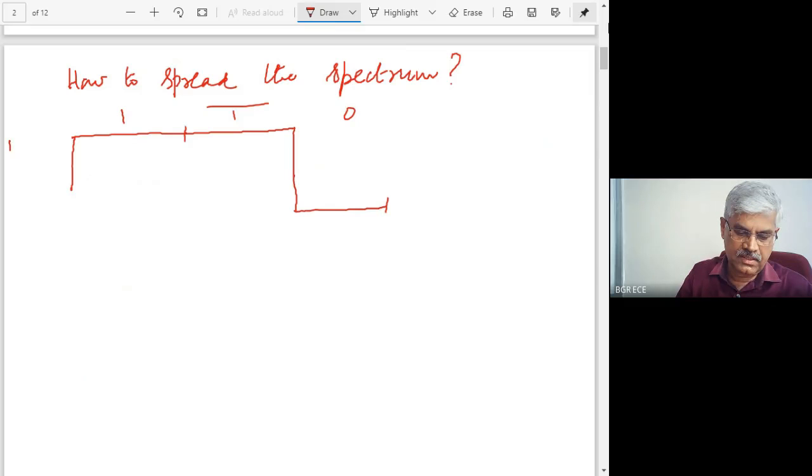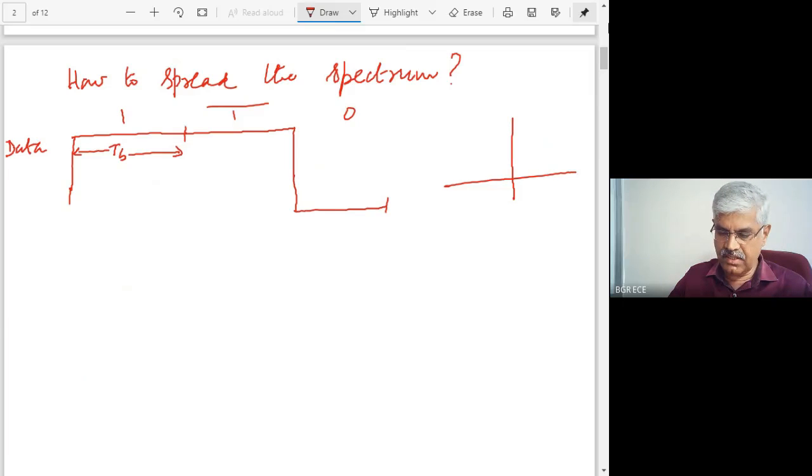This is the original data. The bit duration is TB, one bit duration, another TB, and so on. This is the time domain signal. In the frequency domain, it will have a spectrum like that, with the first null at 1 by TB.